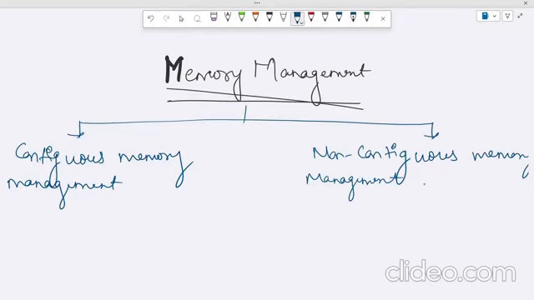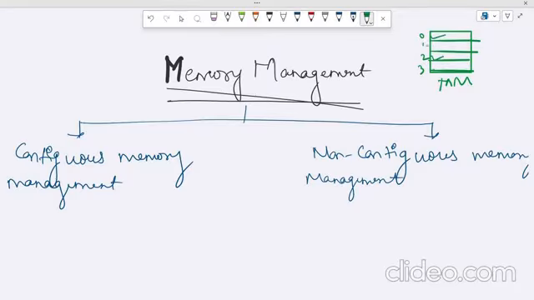For example, this is the main memory, and in main memory we have a lot of frames, or you can say a lot of blocks, let's say 0, 1, 2 and 3. Memory of one particular process is allocated from this block, another from that block.